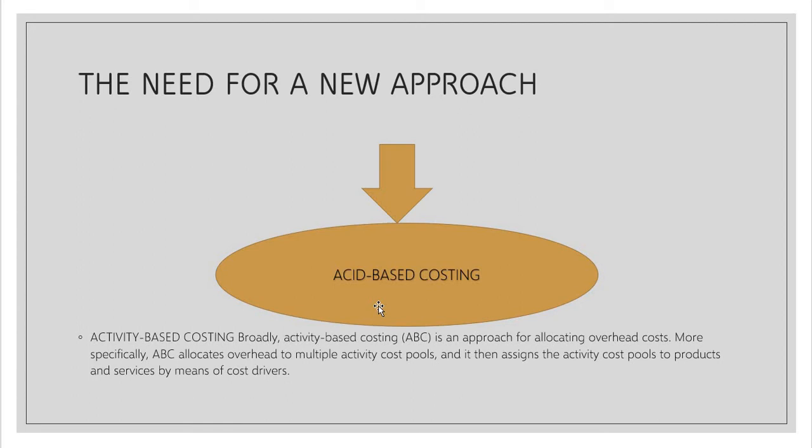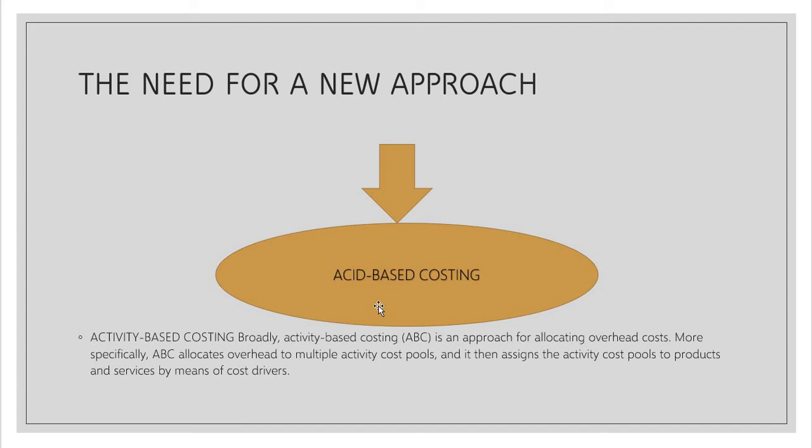So it is inappropriate to use the plant-wide predetermined overhead rates based on direct labor cost, because companies that use overhead rates based on direct labor, even though this correlation does not exist, still experience significant cost distortion.